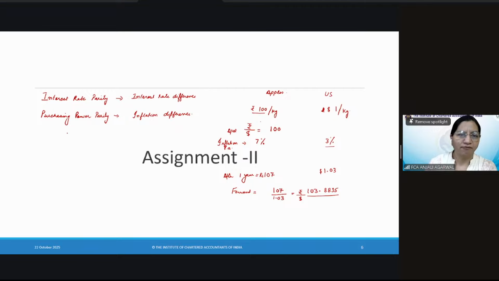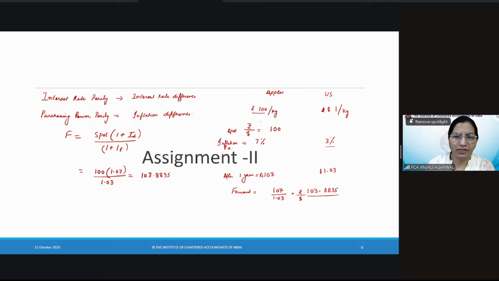This should be the theoretical exchange rate price after 1 year. So just the same formula we can apply. If we calculate the forward rate using the purchasing power parity, it should be spot multiplied by 1 plus inflation rate in the domestic currency divided by 1 plus inflation rate in the foreign currency. So the earlier exchange rate was 100 into 1.07 divided by 1.03. So you end up getting 103.8835.